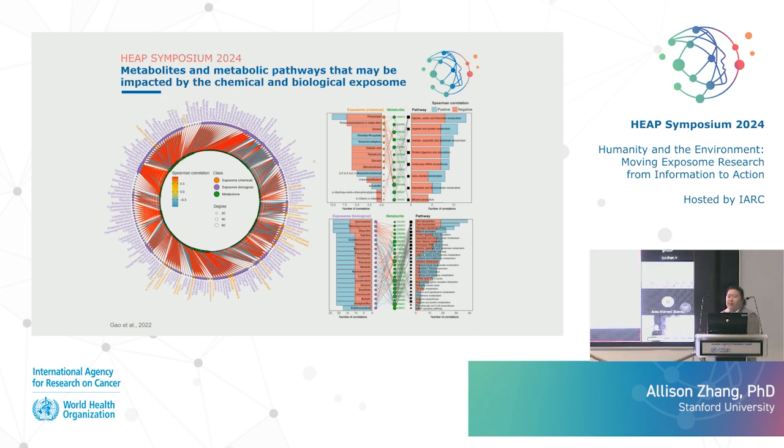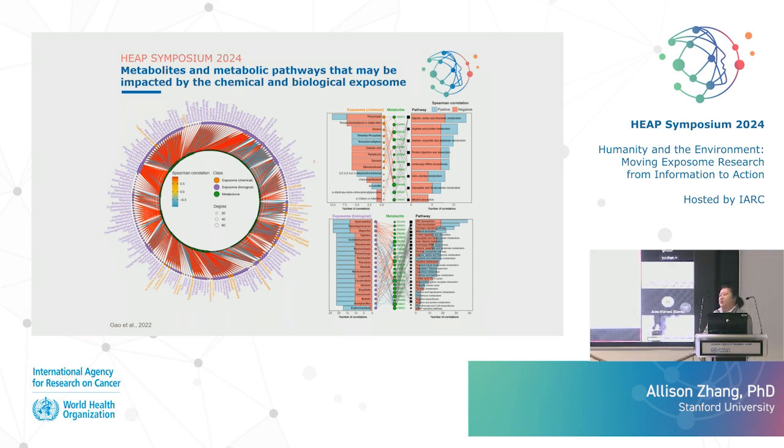The metabolomics is the omics that has the most extensive correlations with the external environment. Here shows the correlations between the internal metabolomics with the external exposome. The inner green dots show the metabolites from inside the body, and the outside ring shows the exposome components.